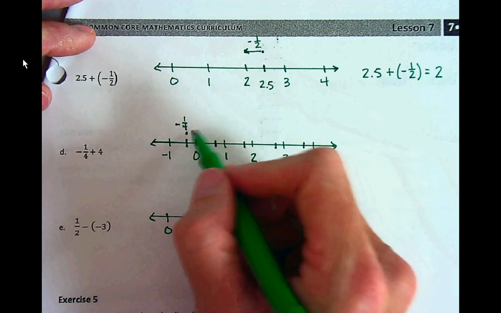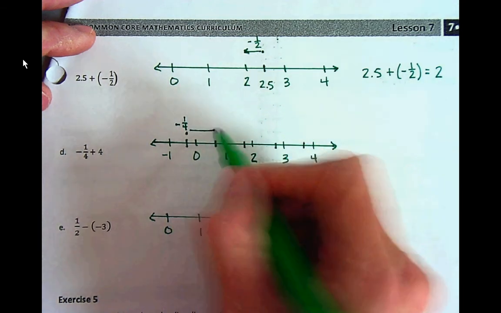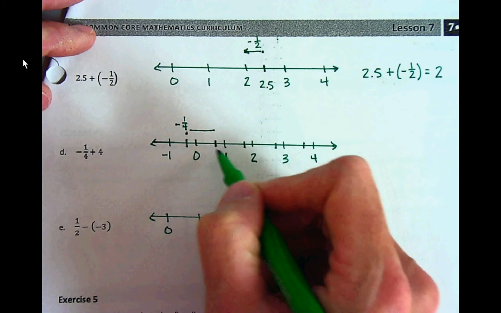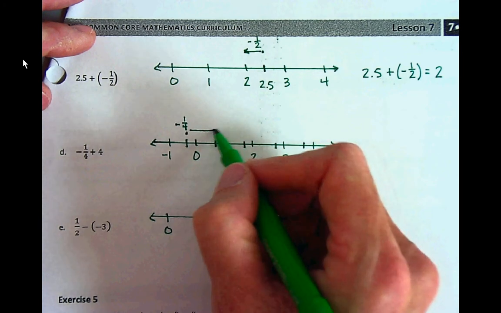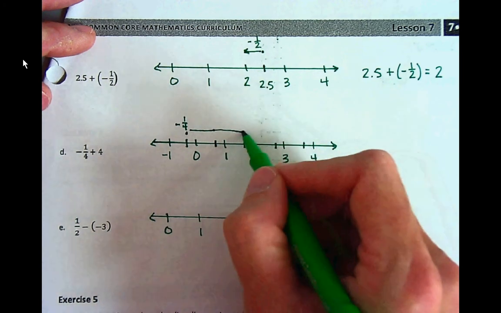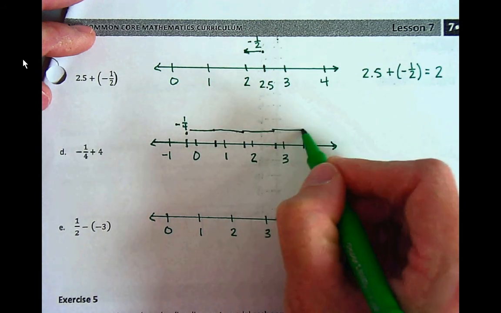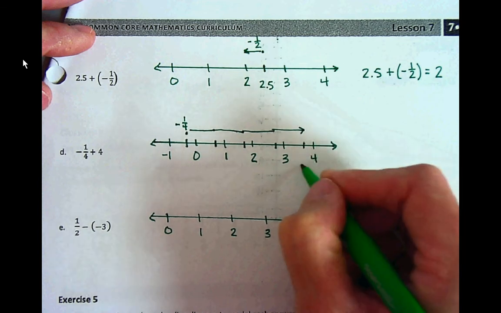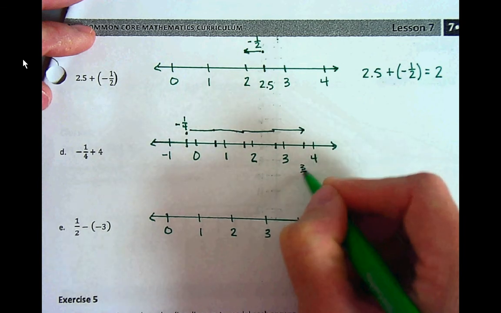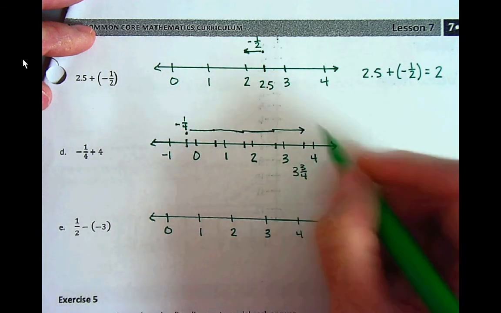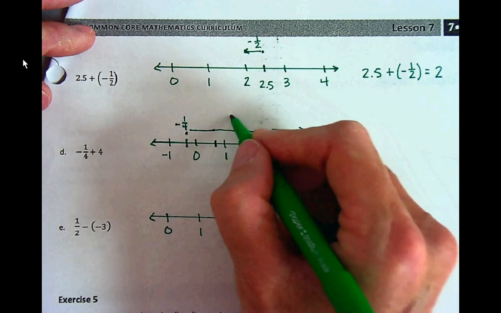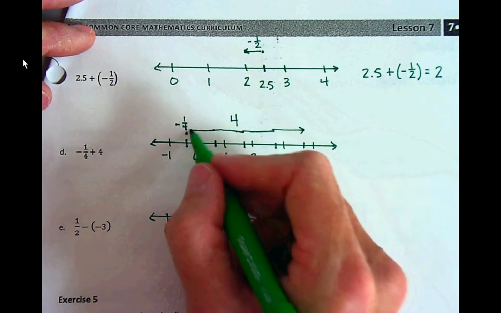Notice what happens here. If I take away a 4th from 1, that's 3/4. So that would be 1 3/4, 2 3/4, and 3 3/4. So this is 3/4 and a 3. And this whole line here is the length of 4.